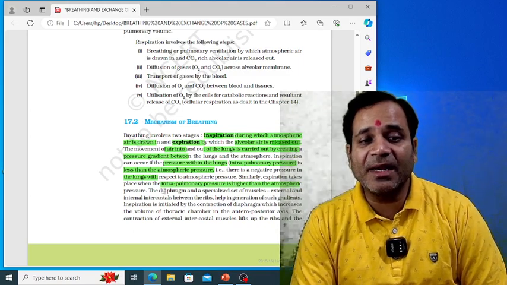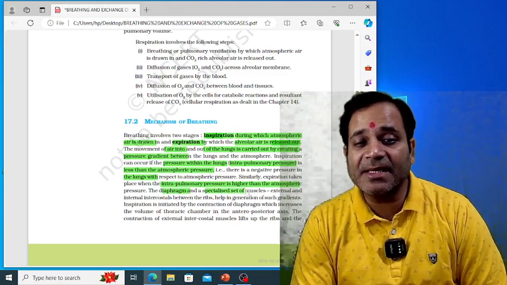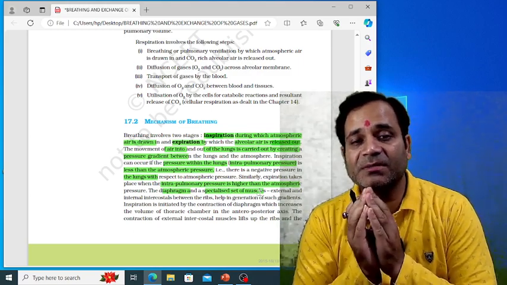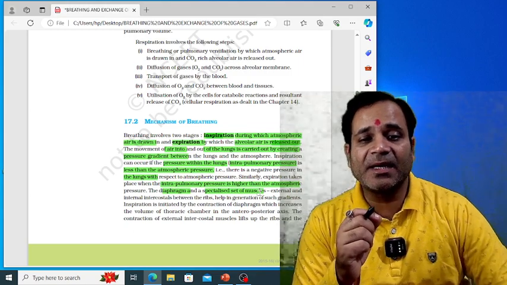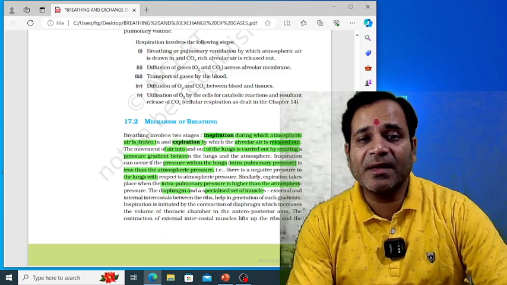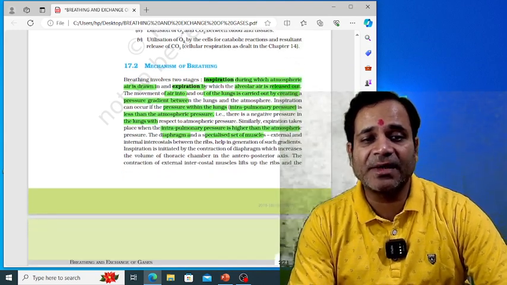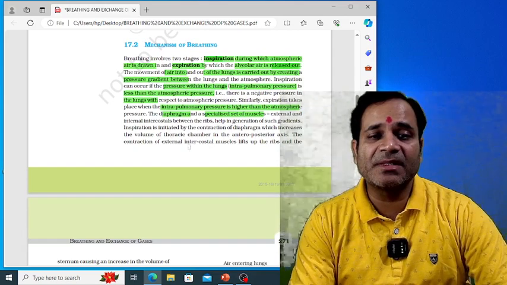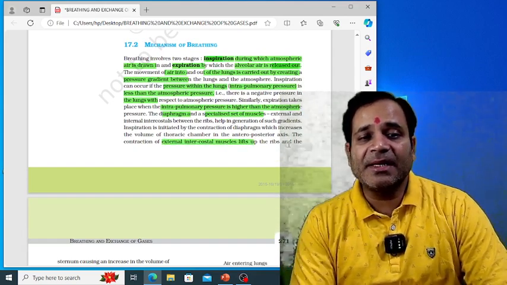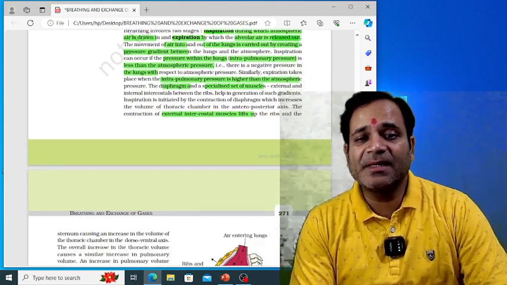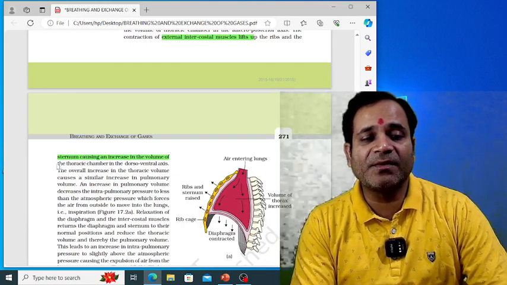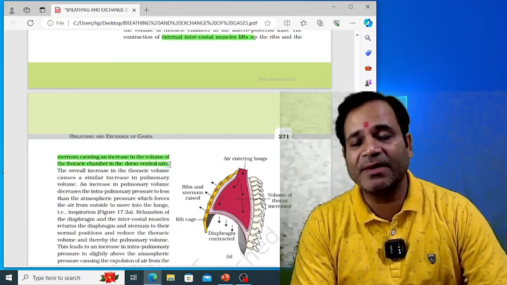In the meanwhile, the diaphragm and a specialized set of muscles, the external and internal intercostal muscles, also help in the generation of such a gradient, my dear. Now it is very important to understand how the contraction of the external intercostal muscles lifts the ribs and the sternum, causing an increase in the volume of the thoracic chamber in the dorsoventral axis, my dear.